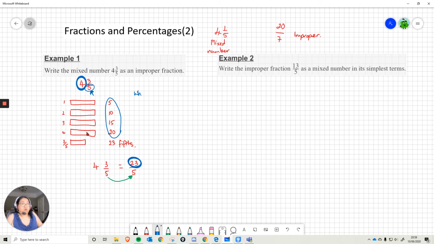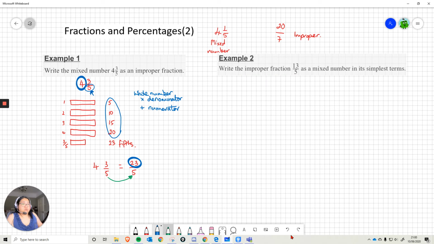It's our whole number times the denominator, and then you add the numerator on. And remember, the denominator doesn't change.